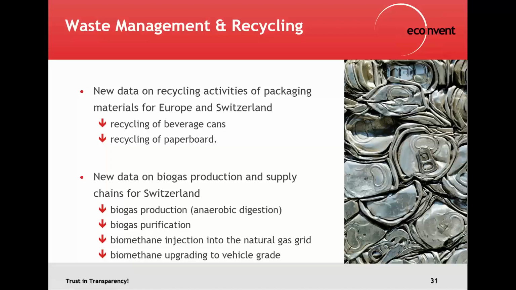It now means that in Switzerland, the biogas sector can be detailed into 4 levels: the biogas production, the purification, the biomethane injection into the natural gas grid, where it will meet the natural gas in a mixed market, and finally, the biomethane upgrading into vehicle grade. Both updates are based on studies done by ETH Zurich and Carbotech, and also some internal work.